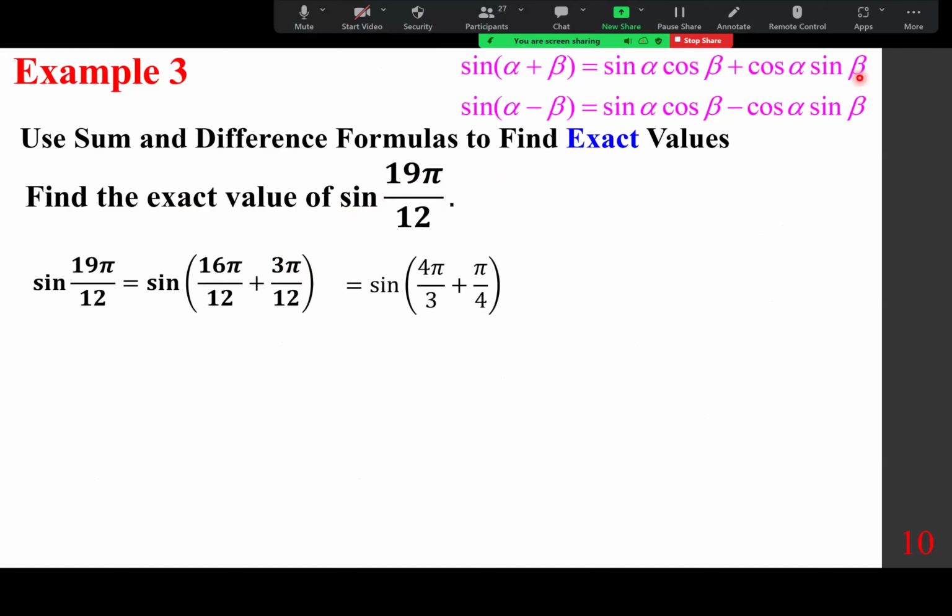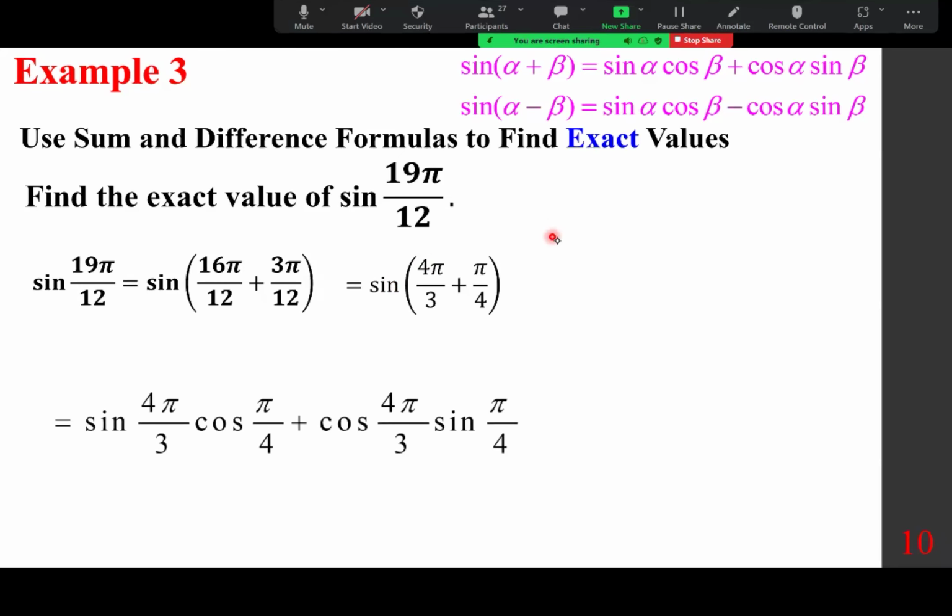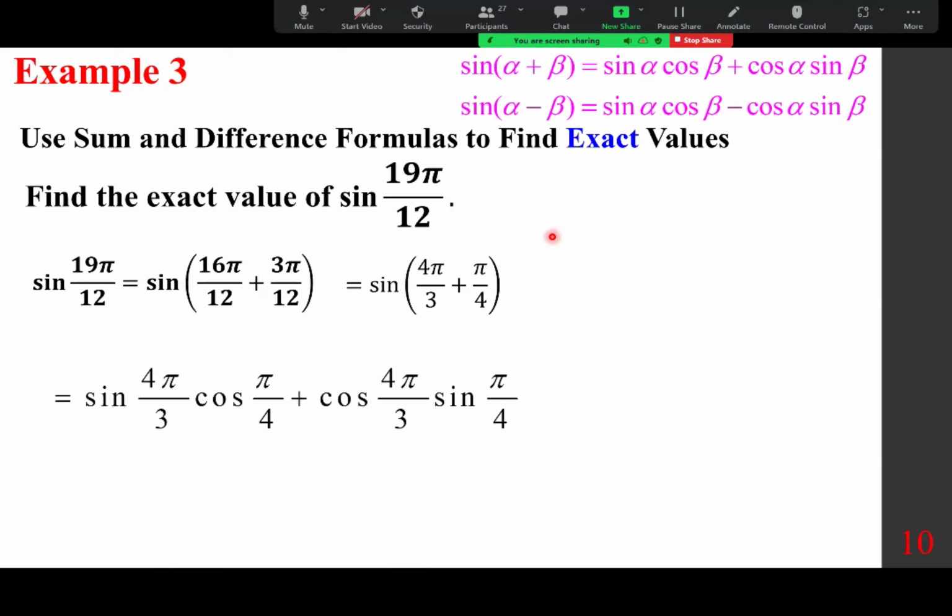So sine of alpha plus beta: sine of 4 pi over 3 cosine of pi over 4 plus cosine of 4 pi over 3 sine of pi over 4. Now, pi over 4 common arc, 4 pi over 3 common arc, and I'm going to remind you of reference arc again.